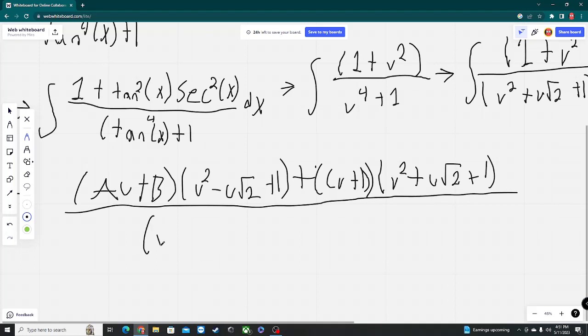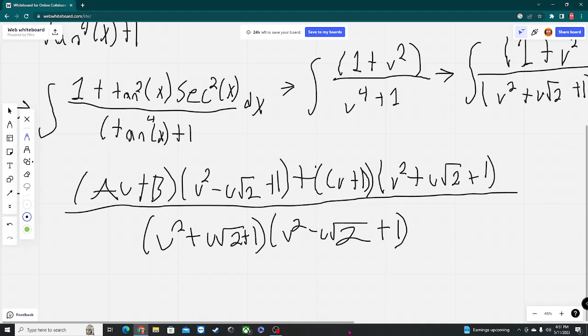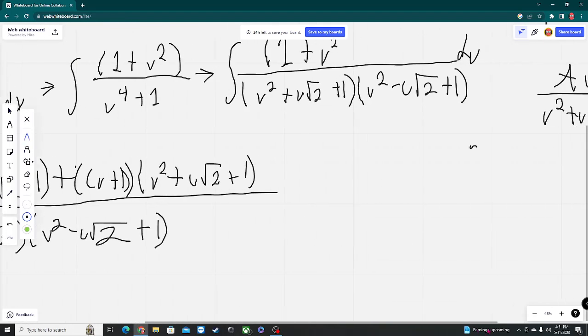Let me just write it out. u squared plus u root 2 plus 1, and we have our other one, u squared minus u square root 2 plus 1.